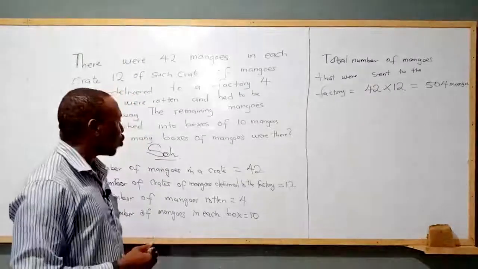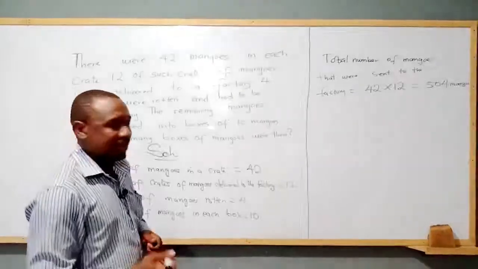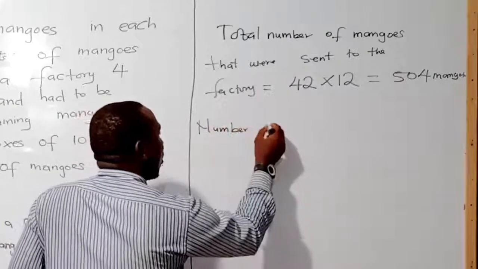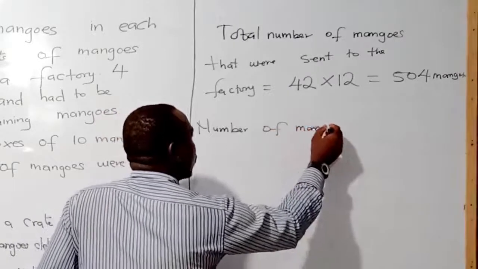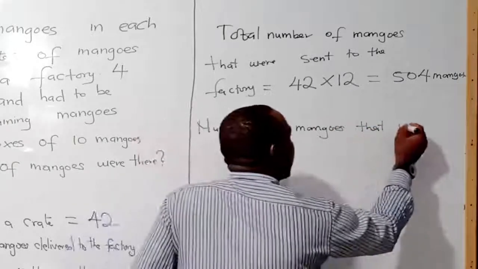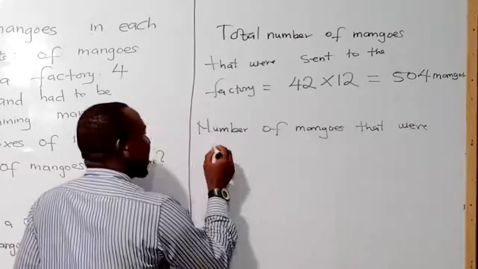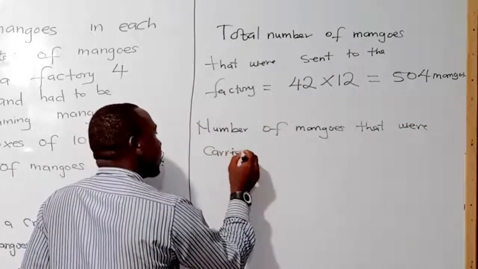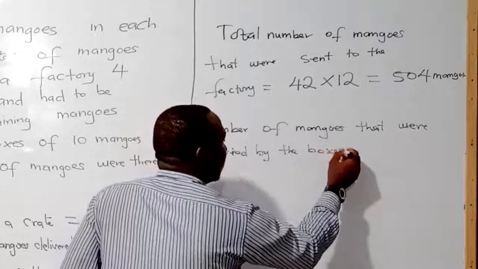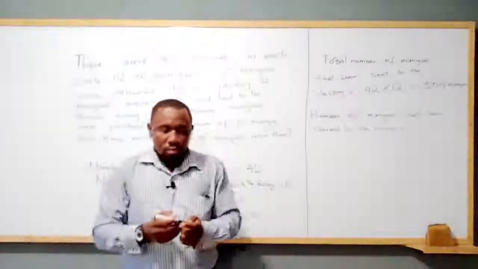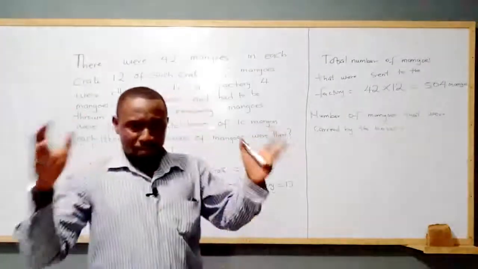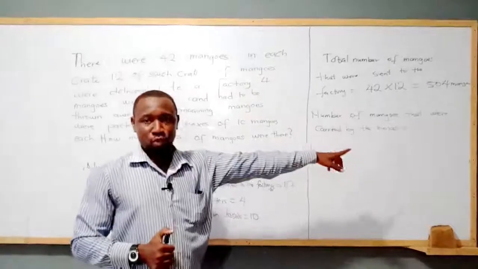So the number of mangoes that were carried by the boxes will be equal to the number of mangoes that reached the factory minus the rotten mangoes.